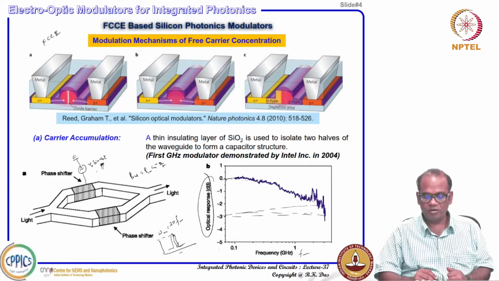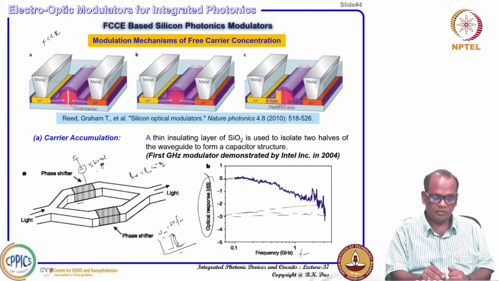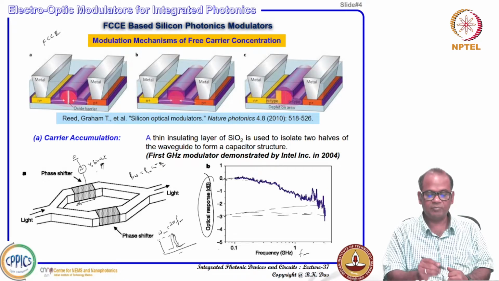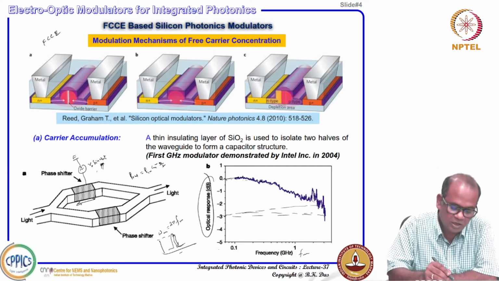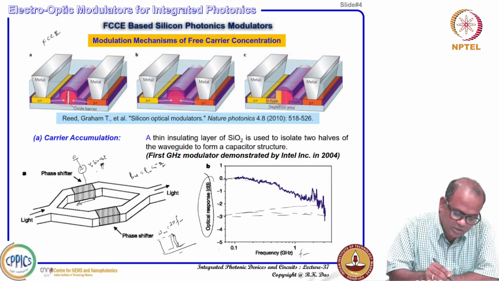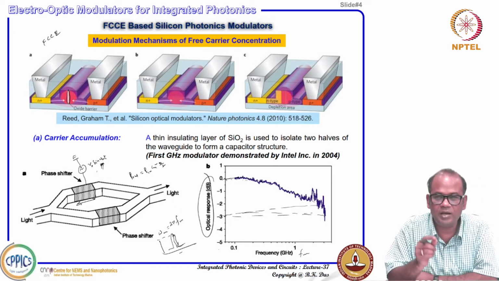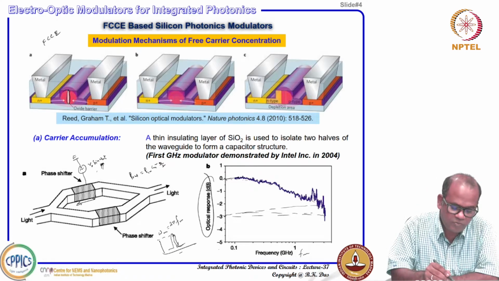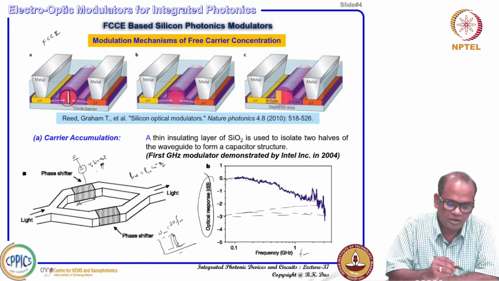But the problem is that in this type of device, your voltage requirement is very high. Also the length is very important, because the refractive index change is small. Even with this thin layer geometry, the carrier concentration changes only in a very small region, but the waveguide mode is spread over a large distance.